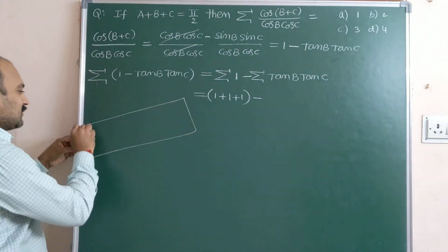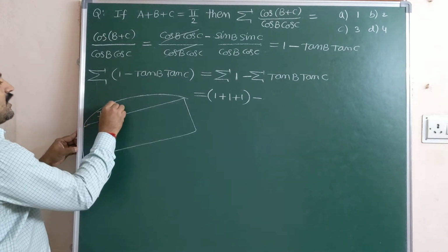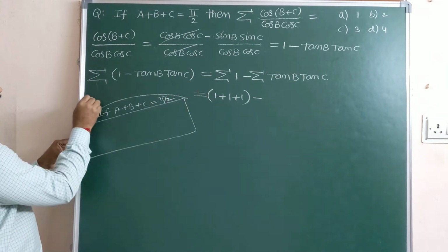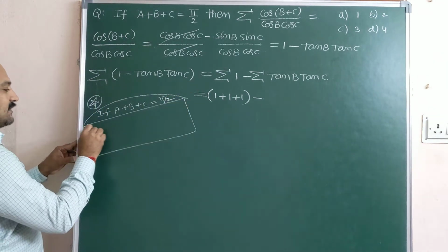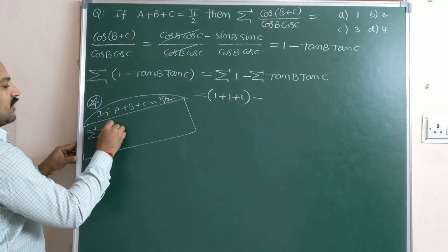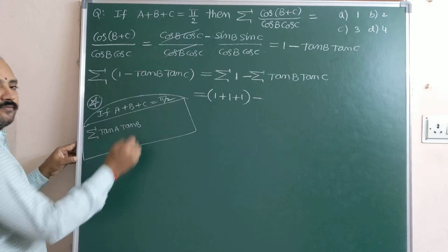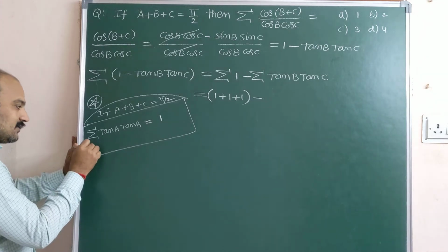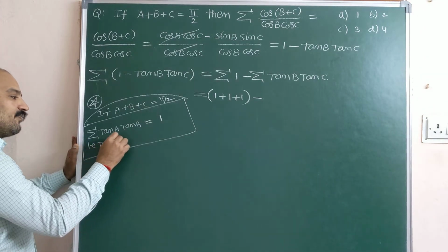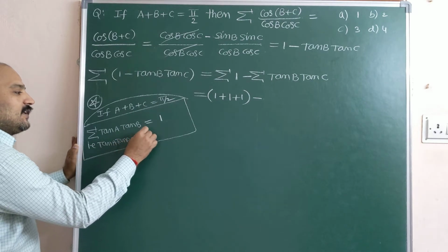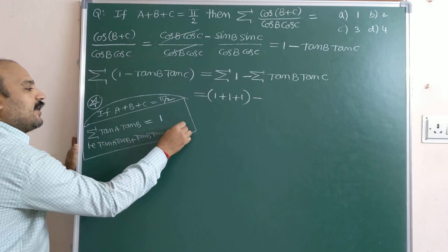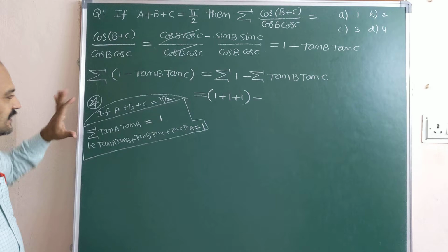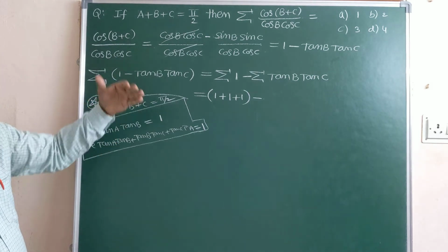Keep in mind, dear students: if A plus B plus C equal to pi by 2, sigma tan A tan B is always equal to 1, that is tan A tan B plus tan B tan C plus tan C tan A is equal to 1. This result is asked in 4 marks VSAQs of trigonometry in IPE.